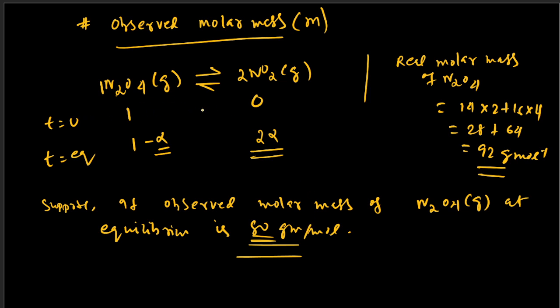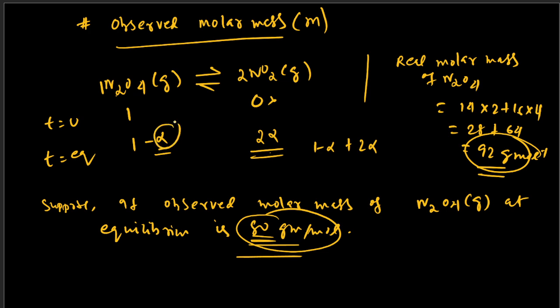When T equal to 0 and NO2 has not formed, we are only getting the molar mass of N2O4, that is 92 gram. And when T equal to equilibrium, in our mixture alpha has been consumed from 1, that is the real mass, and 2 alpha of NO2 has formed. So this 80 gram per mole is from the mixture of N2O4 and NO2, because at equilibrium we have 1 minus alpha plus 2 alpha.